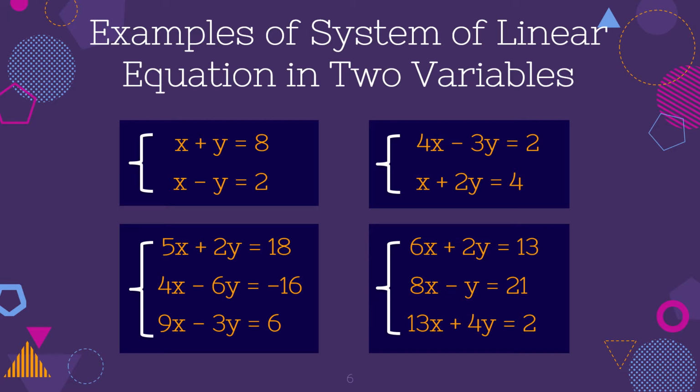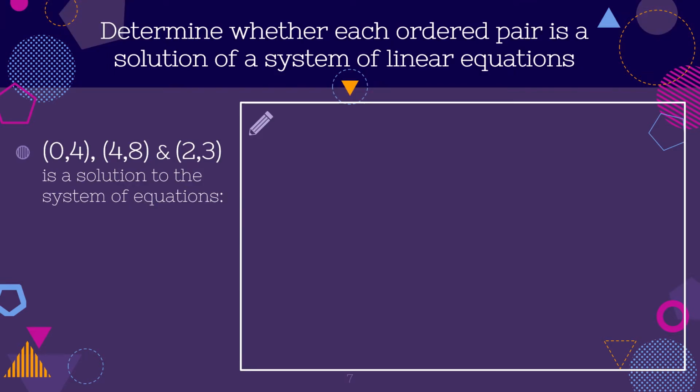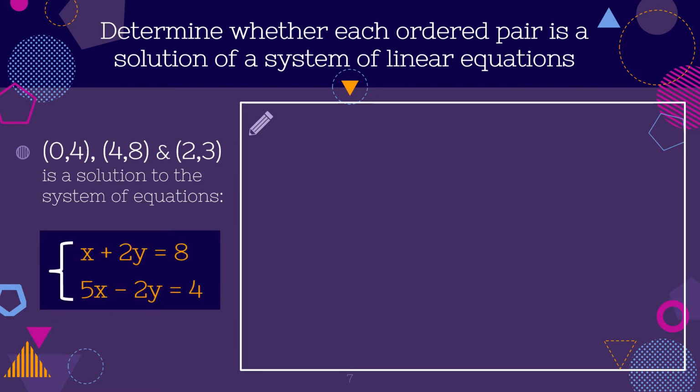We are asked to determine whether each ordered pair is a solution of a system of linear equations. If we have (0, 4), (4, 8), (2, 3), is it a solution to the given system x plus 2y equals 8 and 5x minus 2y equals 4?